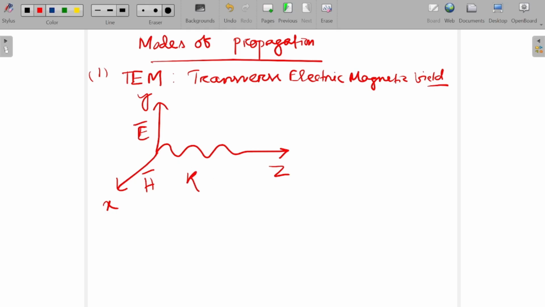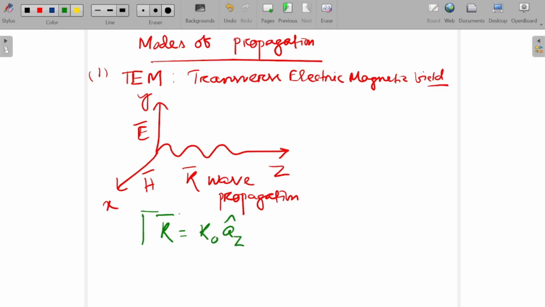We call k the direction of propagation, the propagating wave in the positive z direction. Okay. This is your propagating wave in z direction.